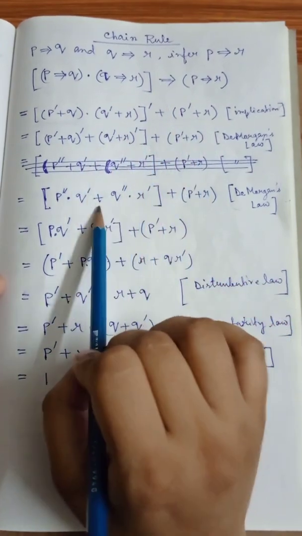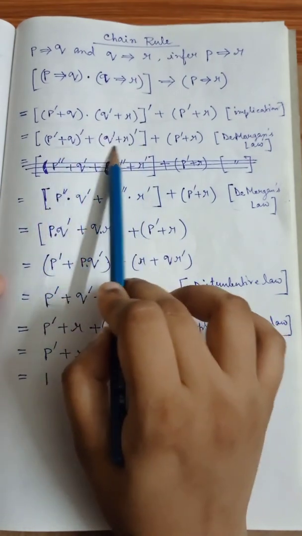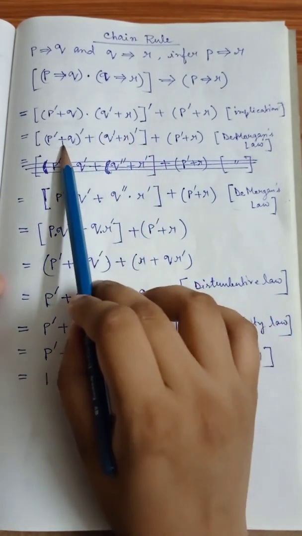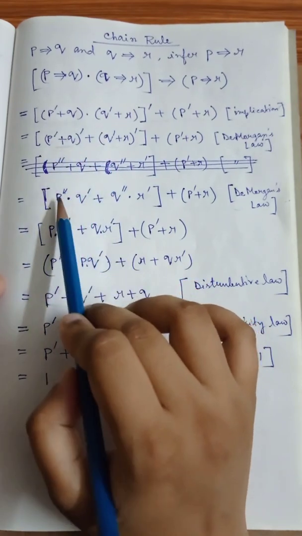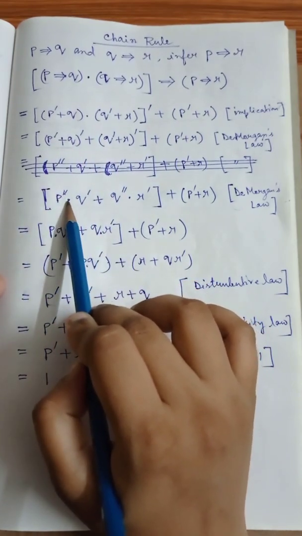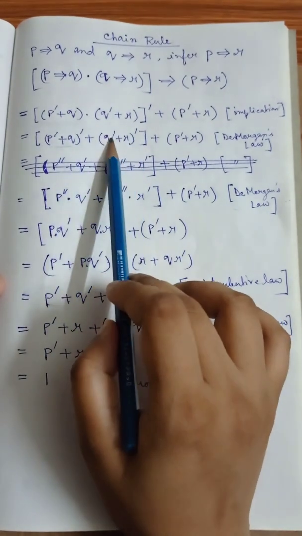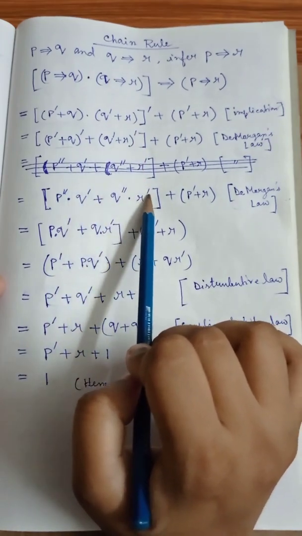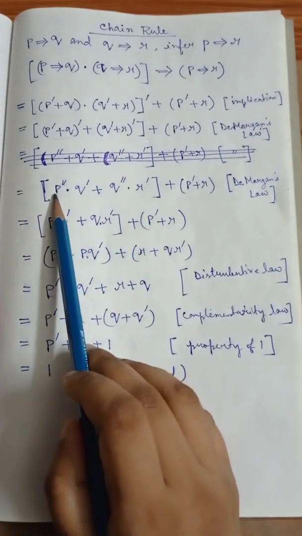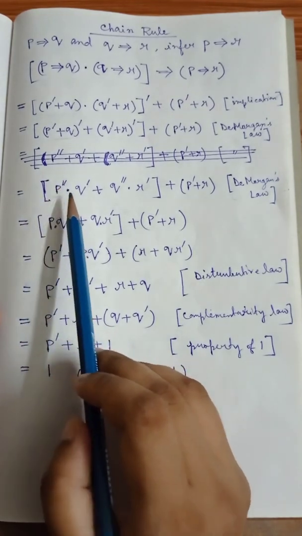Next, we use De Morgan law to simplify these expressions. First is this. So after using De Morgan law, P double complement dot Q complement plus Q double complement dot R complement. So now we use law of negation to simplify this.